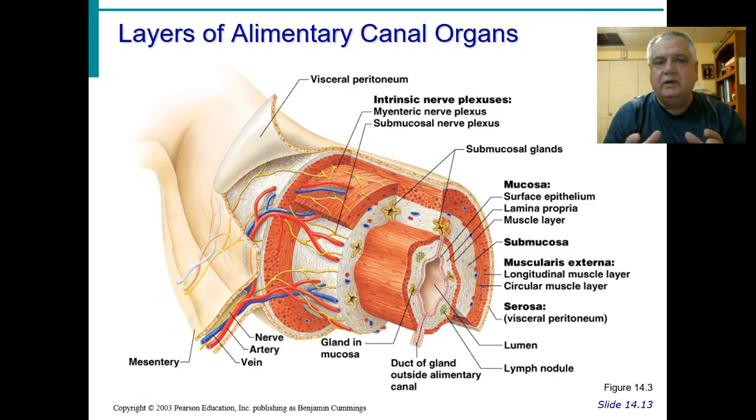Okay, we didn't have in that previous slide the parietal peritoneum. That's the portion of the serous membrane that doubles back on itself and attaches to the body wall.